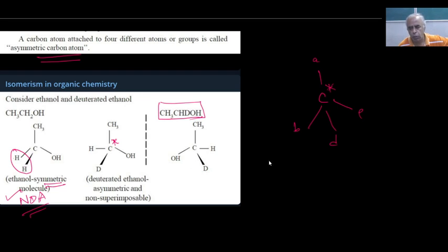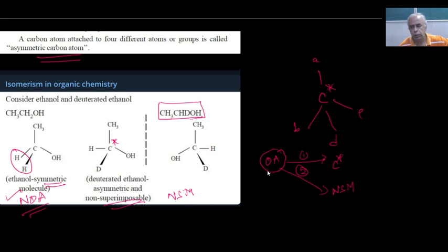So for a compound to be optically active, there are 3 important conditions. One is you should have an asymmetric carbon atom. Okay, that is point number 1. Second point is, you should have non-superimposable mirror images. Non-superimposable mirror images.